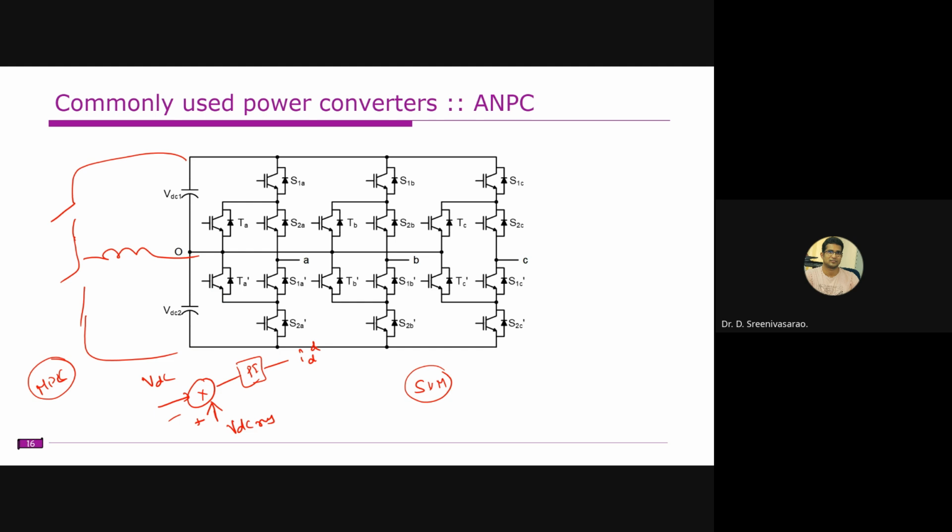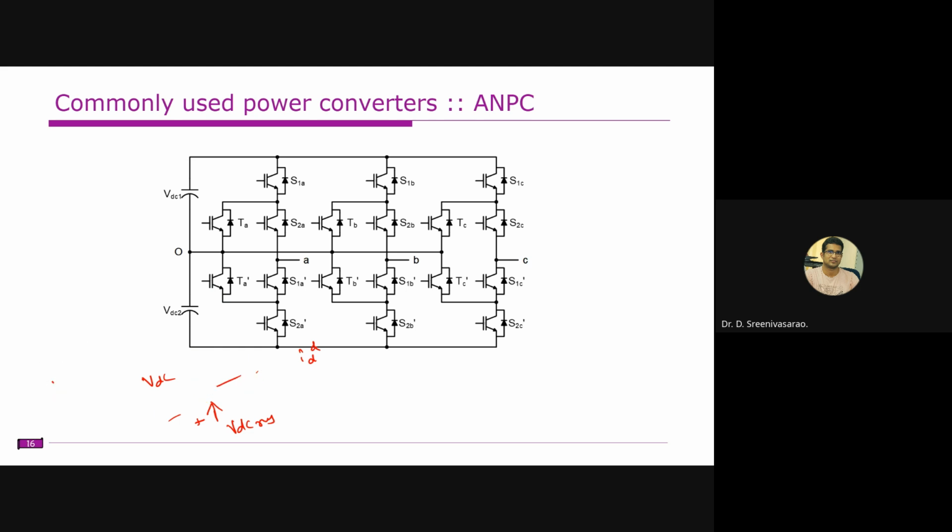Another simplest method is just using some PI controllers only. So let us assume this is 350 volts and this is also 350 volts, and the total is supposed to maintain 700 volts. Right?